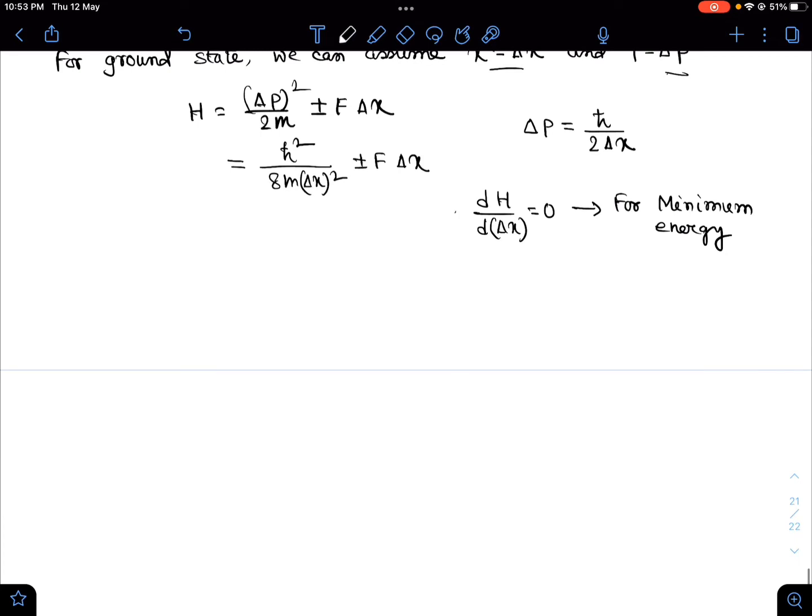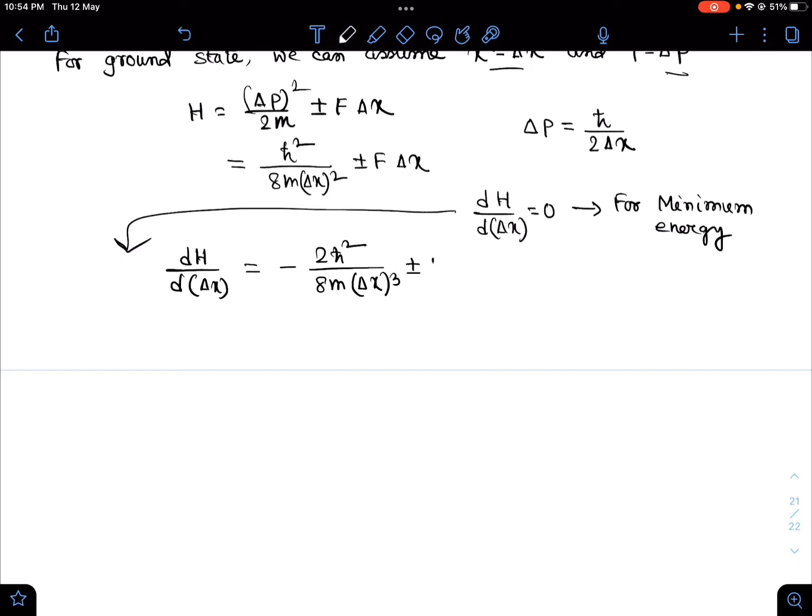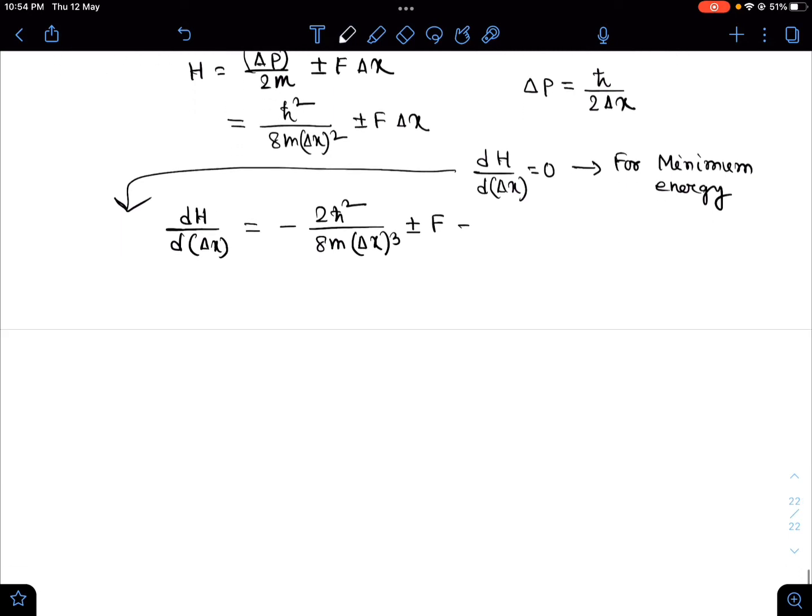If we now evaluate this, we will get dH by d delta x equal to minus 2 h cut square by 8m delta x cube, plus or minus F. This should be equal to 0.